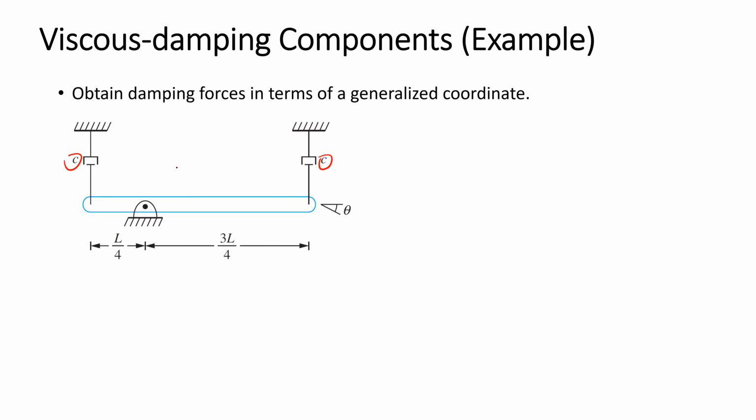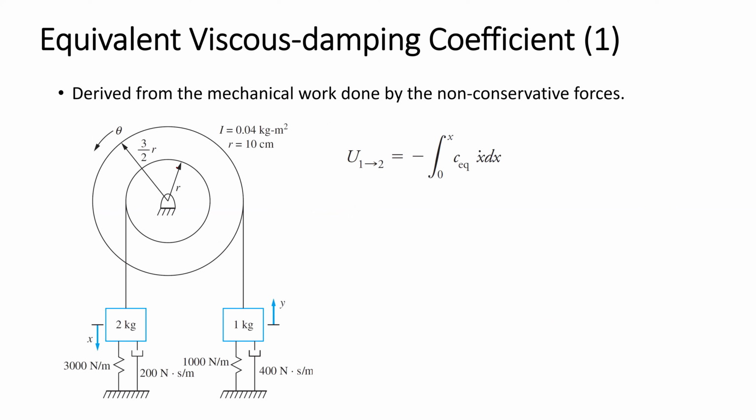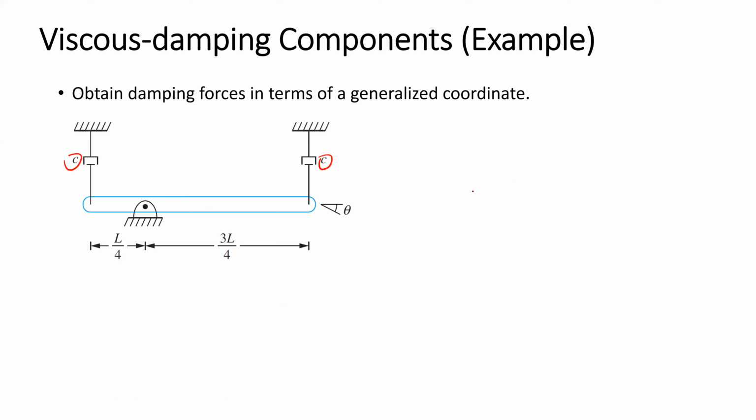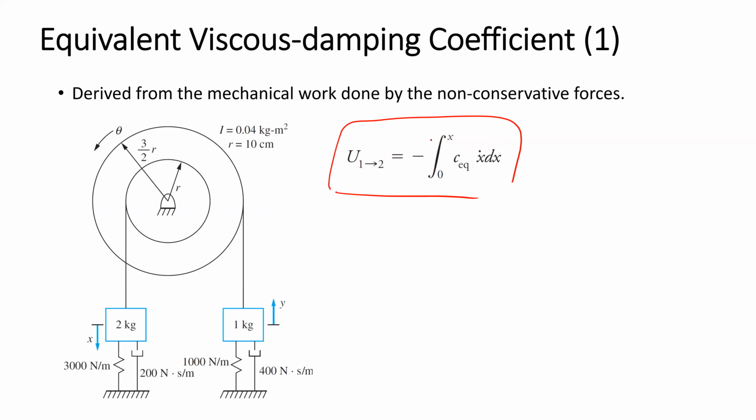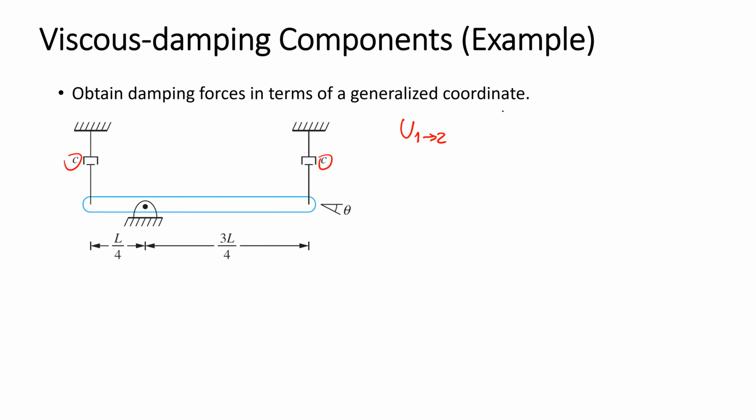I'm not sure, I switched the order of the slide, but the U, the work done by the non-conservative force from the initial state to the final state, is going to equal the integral of the force and the displacement, and the force is going to have the direction opposite to the velocity.